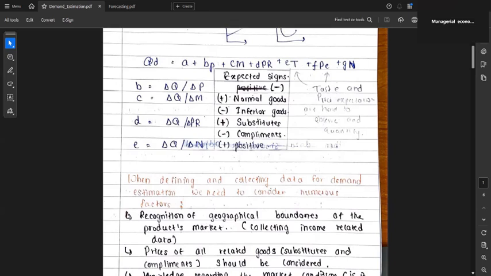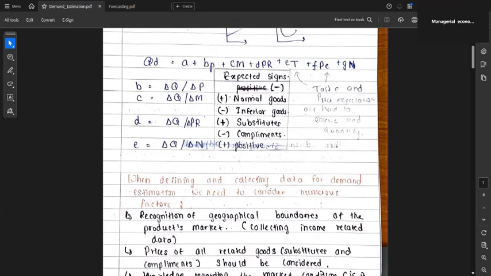B, C, D, E, F, G, these letters are the slopes, while the other terms: P is price, M is income, PR is the price of related goods, T is the taste or preference of the consumers, PE is the expected price, and N is the number of consumers.